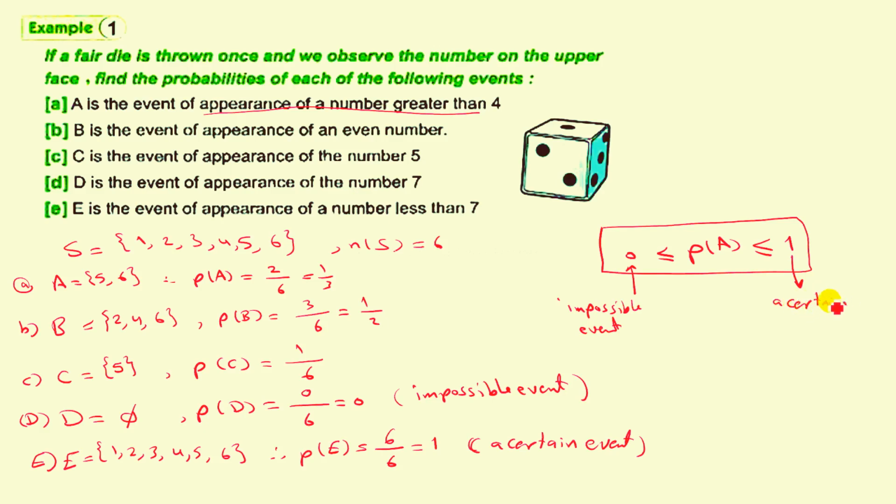If we have an event with probability 1, it is called a certain event.